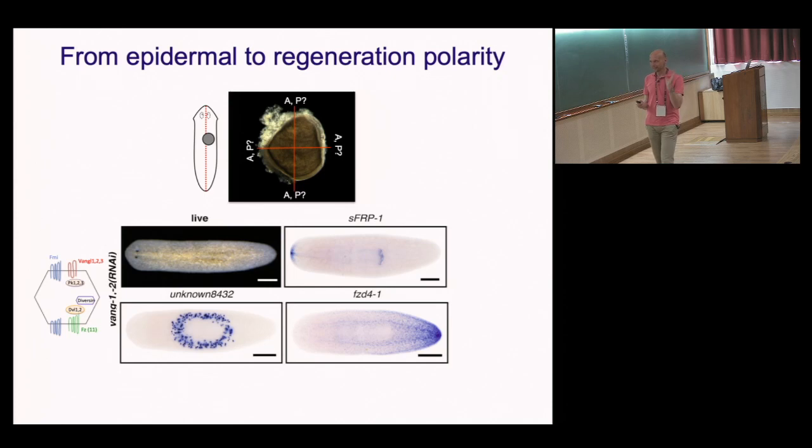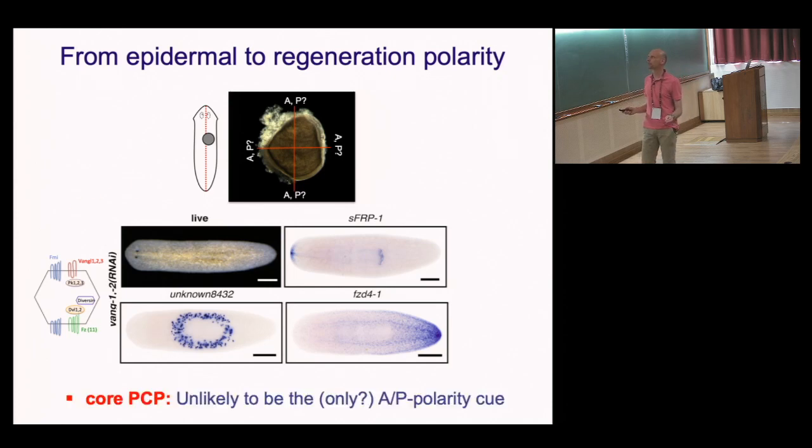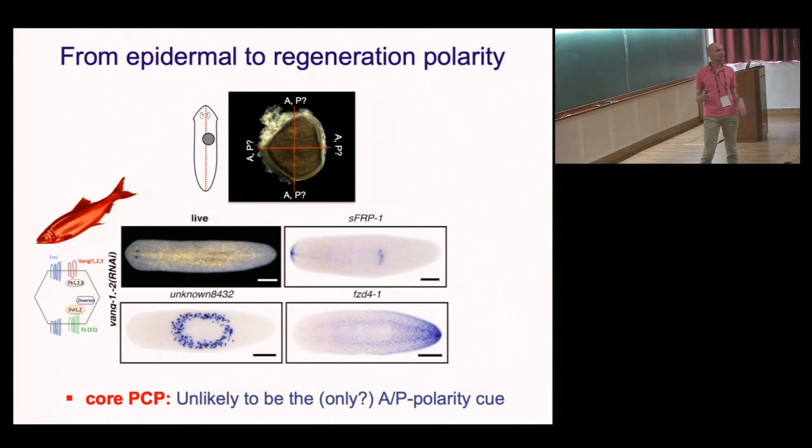So what this means is that in the grand scheme of things, with respect to explaining planarian regeneration polarity, we were unfortunately following a red herring. But nevertheless, in this case, at least, it also led to interesting insights into another phenomenon that was not on our original target list.